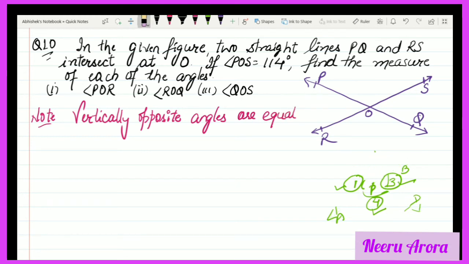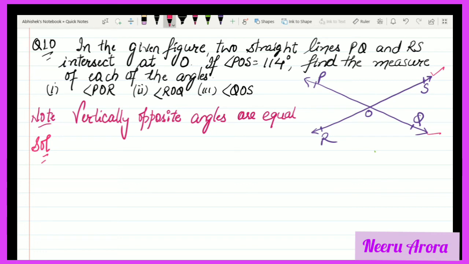So let's start the question. Here in the given figure, two straight lines PQ and RS intersect at common point O. They said POS is 114 degree, and we want to find the measure of each of the angles POR, ROQ and QOS.